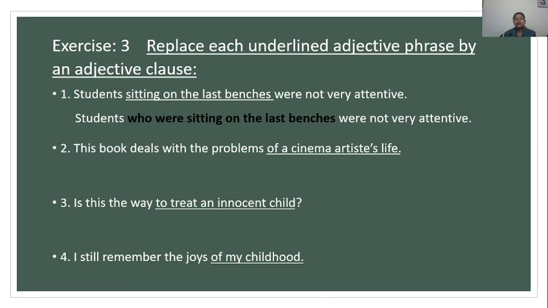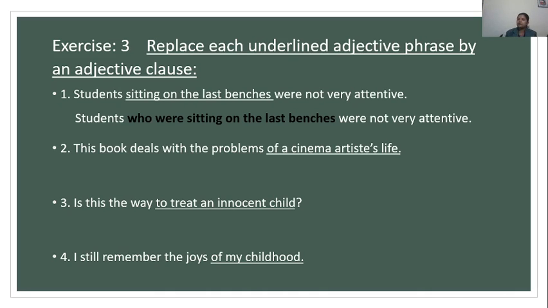What have I done? I have given it one introductory word, that is who, and one finite verb, that is were. So now this phrase is a clause. Who were sitting on the last bench. Clear? Now look at the second sentence. This book deals with the problems of a cinema artist's life.